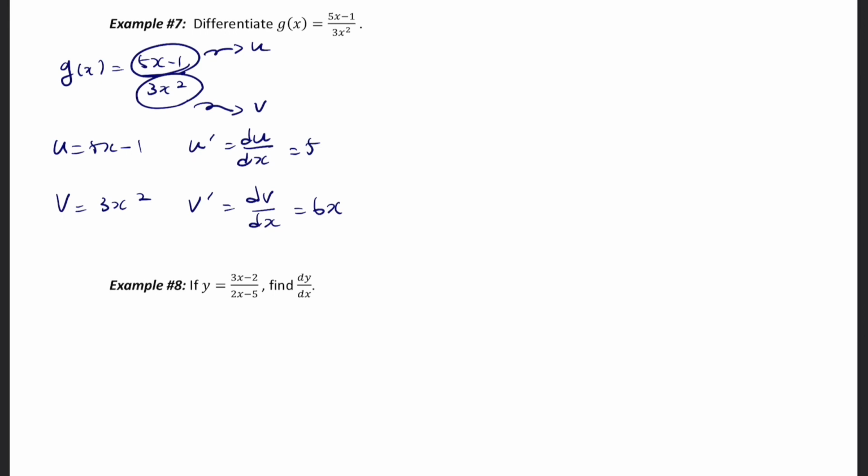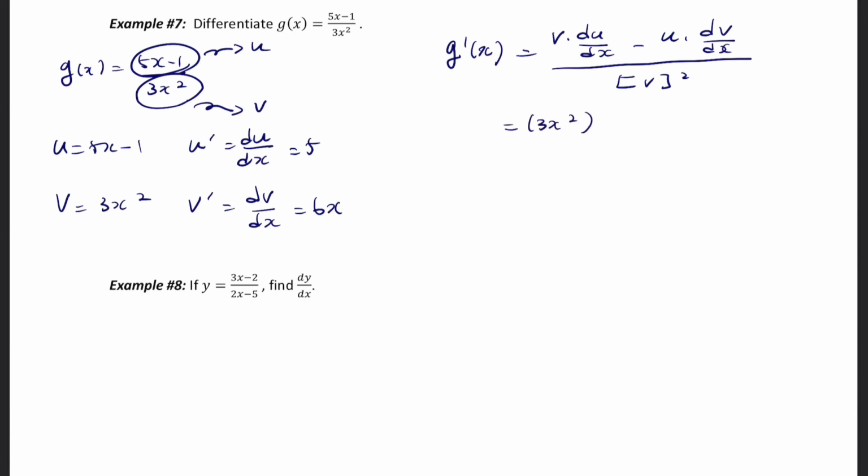Then when we recombine this using the quotient rule, we can say g prime x, or the derivative of function g of x, is the same as v times du over dx minus u times dv over dx, over v squared. Then we get 3x squared times 5 minus 5x minus 1 times 6x, over 3x squared, all squared.